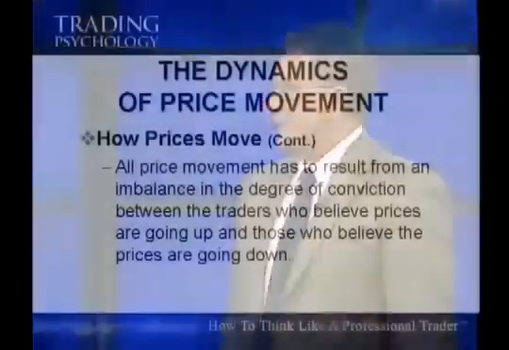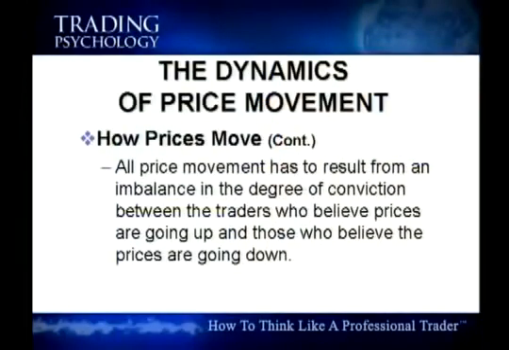So basically, all price movement has to be a result of an imbalance in the degree of conviction between the traders who believe that prices are going up and those who believe that it's going down. That is the only way that prices move. It doesn't matter what the reasons are that people tell you about why they did what they did, or the reasons that you hear on CNBC or wherever about where the market is and why it went the way that it went.